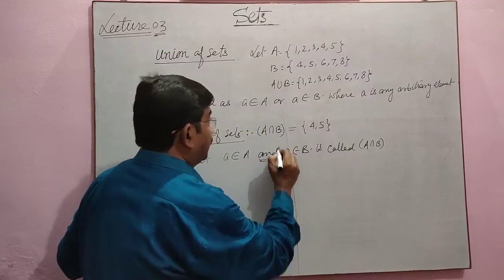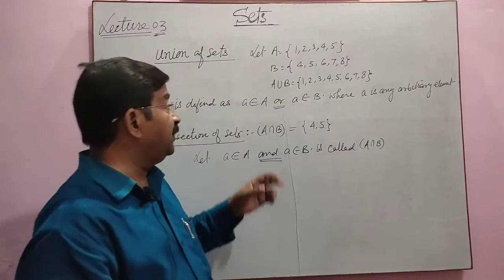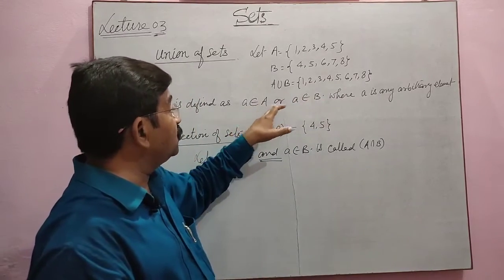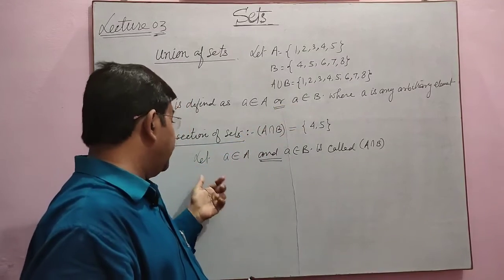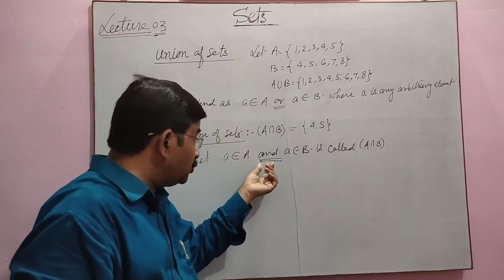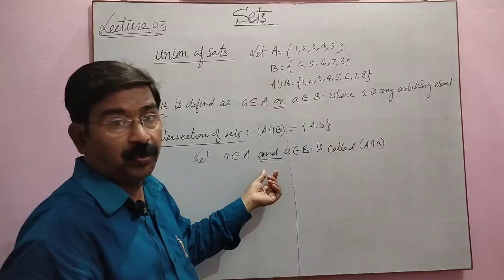This is a very important thing. And for union we use OR. When we explain union, we use the word OR. When we explain intersection, we use the word AND. Take care of this. This is a very important point to be noted.